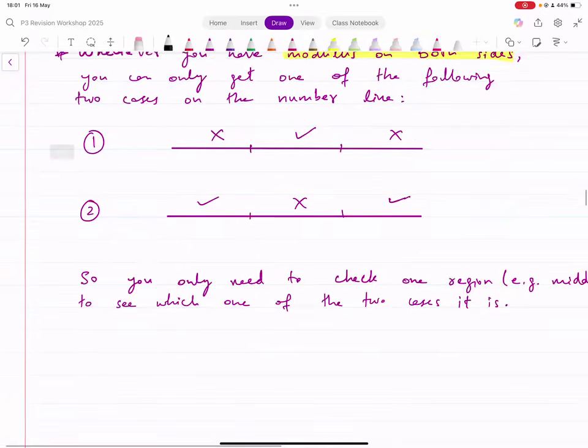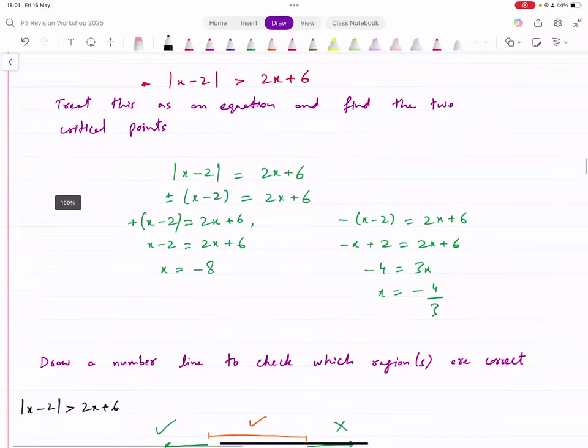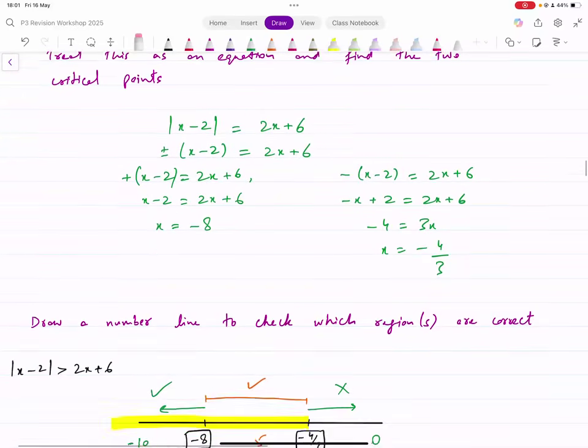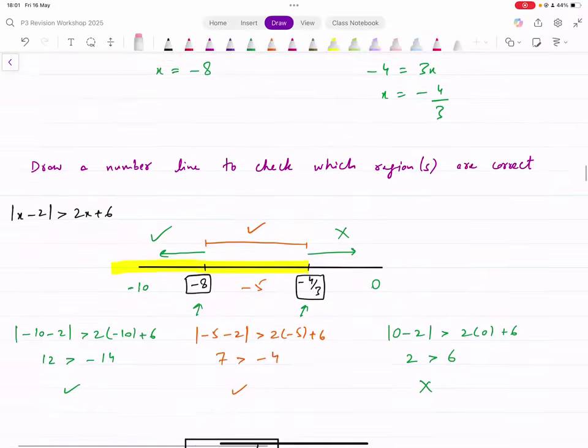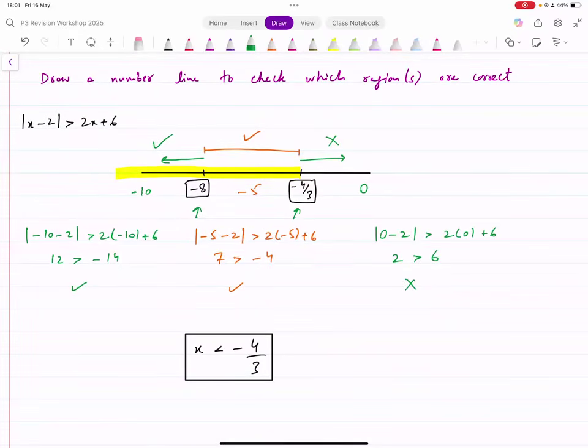Now, in this case, you saw that modulus was only on one side of the inequality. When you have modulus on one side of the inequality, it's necessary to check all 3 regions, because it could be any combination of the number line. For example, in this case, we got that the left side and the middle region are correct, and the right region is not correct.